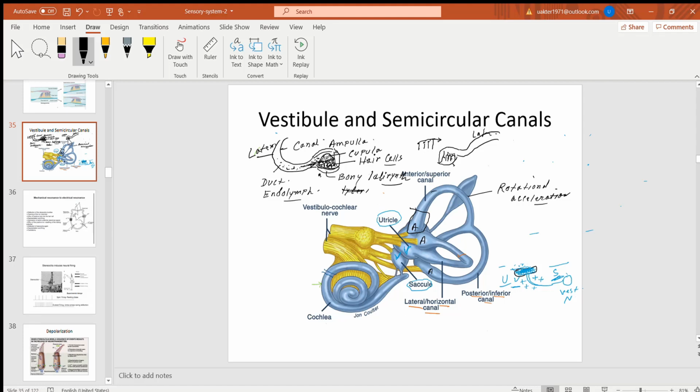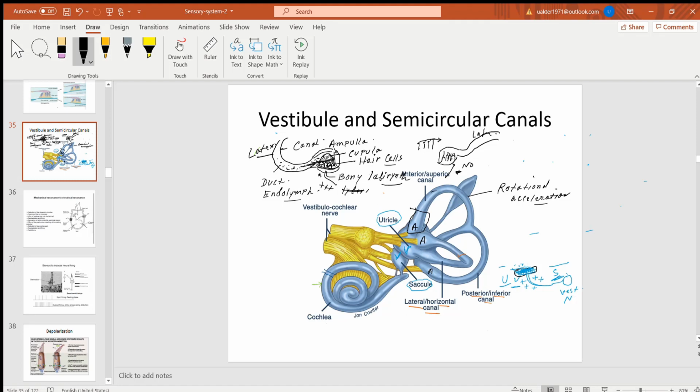So lots of action potentials here, but no action potentials due to hyperpolarization here, okay. So the difference will be big, makes sense, and your brain can detect or calculate that difference, okay.